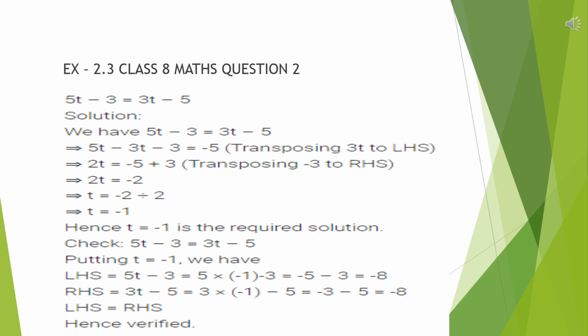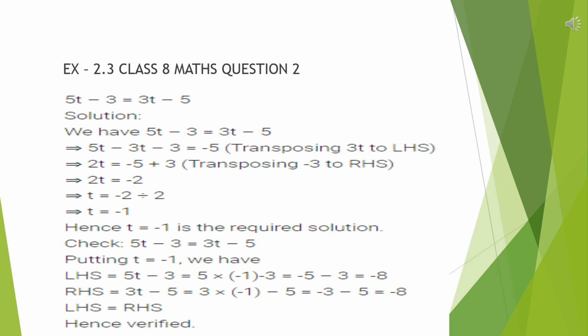So we will get 5t minus 3t equals minus 5 plus 3. After solving, we will get 2t, and minus 5 plus 3 equals minus 2. Now 2 is in multiplication, so after transposing, it will come in division. After division, we will get t equals minus 1. Hence, t equals minus 1 is the required solution.